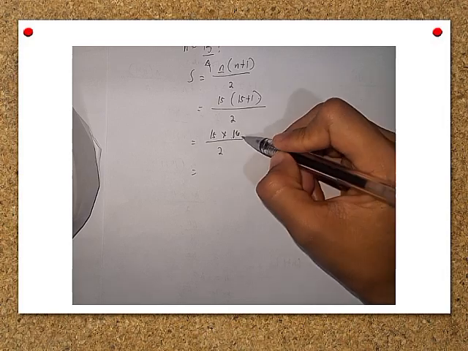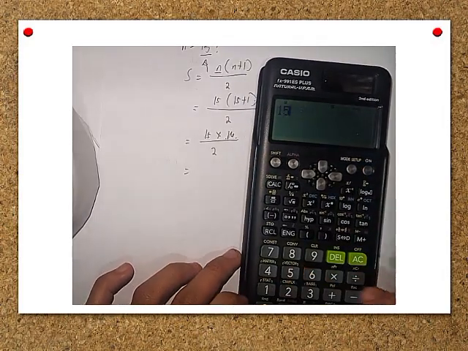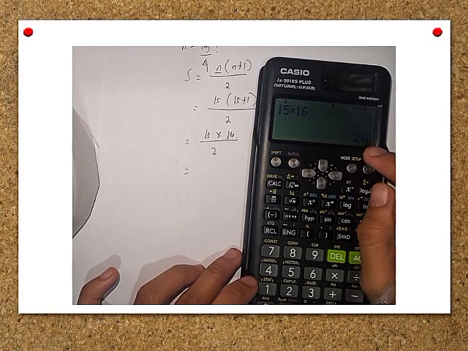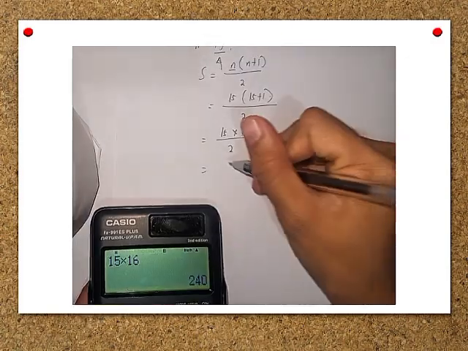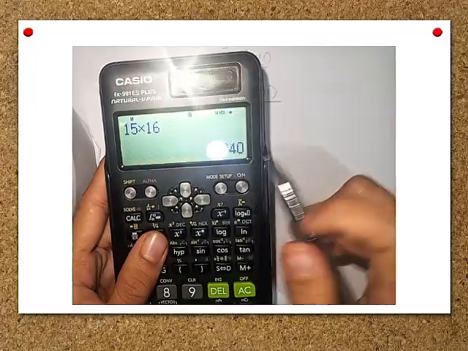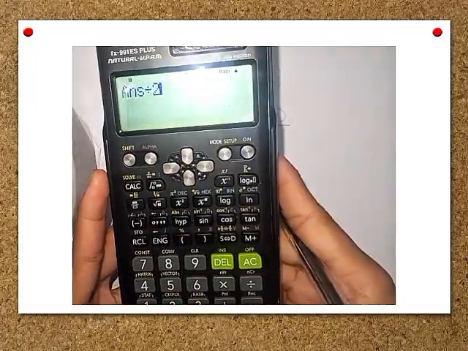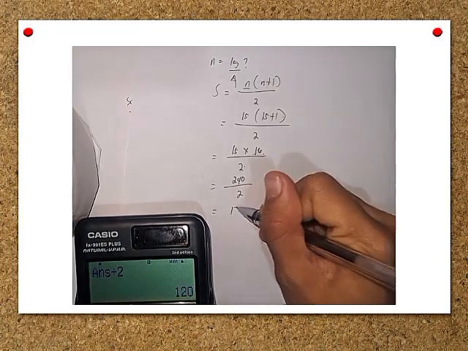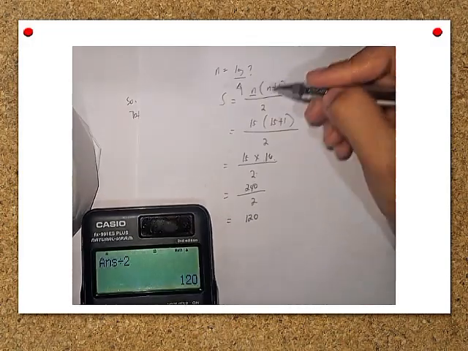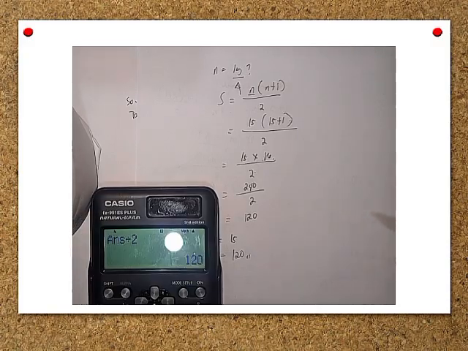By the rule of BODMAS or PEMDAS, first we solve the parentheses: 15 plus 1 is 16. Then multiply 15 times 16. Using the calculator, we have 240. Don't forget to divide by 2. So we have 120. If we find the sum for n equal to 15, the answer is 120. Good.